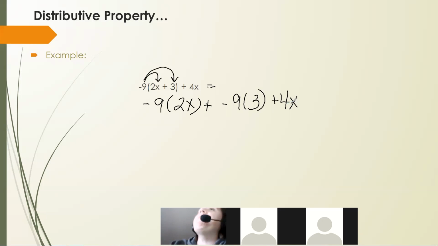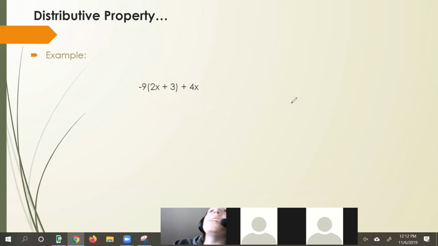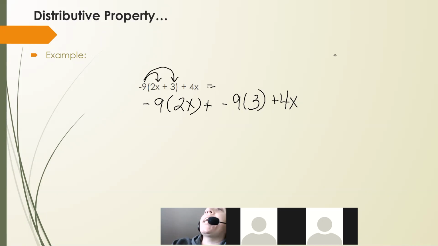What would I get if I simplify? What would I get if I simplify this first term here? Negative 9 times 2x. What do you guys think? What's negative 9 times 2x?